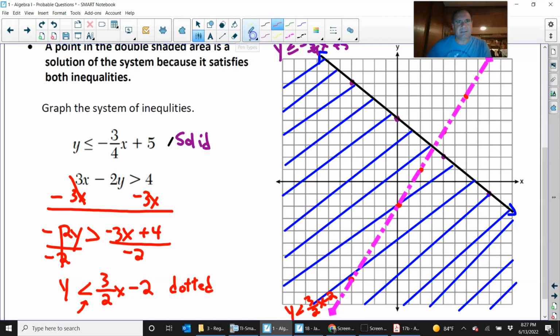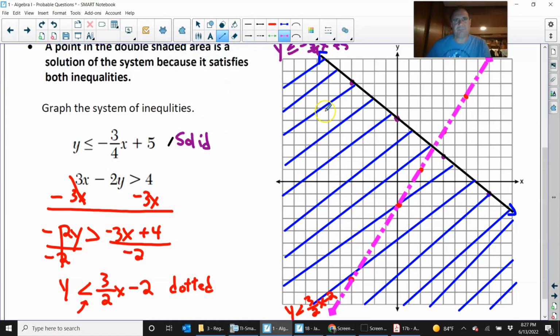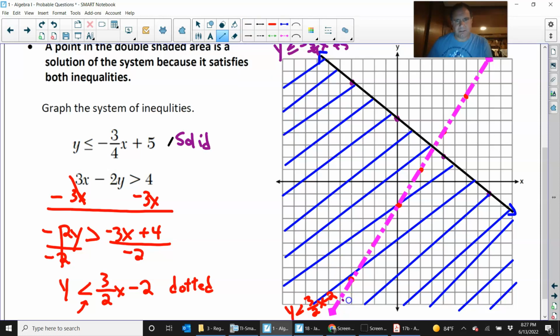So that means everything below this line, I am going to shade in and create that double shaded area. So I'm going to go this way. And you could see my double shaded area. Hopefully.